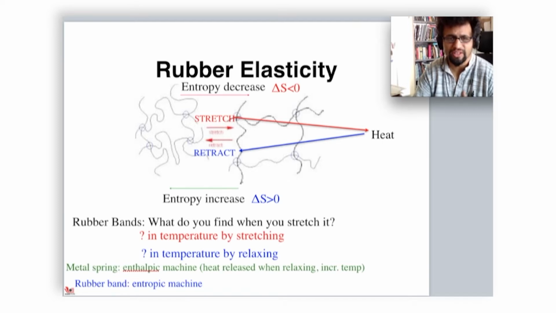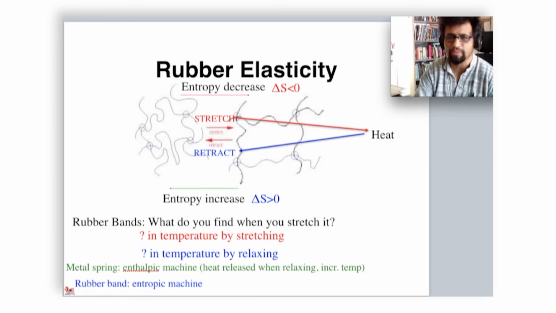So we are trying to say that as the stretch is released, the force stretching it is released, the retraction actually results in an entropy increase. And that is related to the idea that when you stretch, we expect the polymer to warm up, and when you release it, retract it, we expect it to cool down.